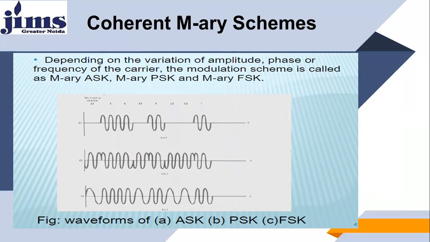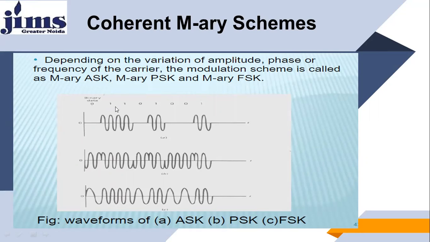M is decided from how many bits you want to combine to get the symbols, right? So if you look at this particular figure, you can easily see that this is the case of M-ary ASK, where the amplitude is changed and the frequency and phase remain the same, and it depends upon 1 and 0.